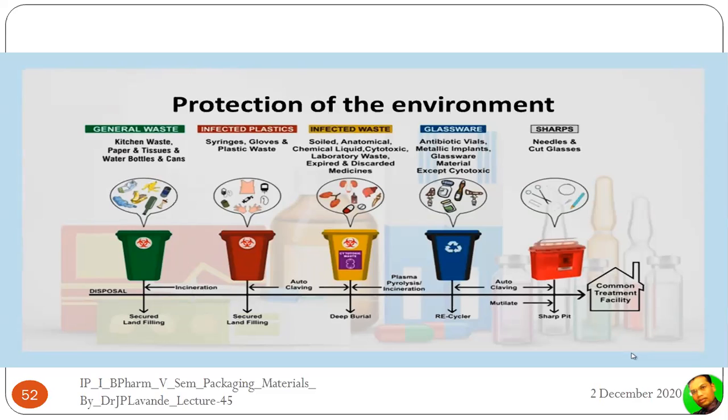So this is the way by which we can properly treat all these materials, and some such common treatment facility is required before disposing of these kinds of packaging materials, from the environment point of view.